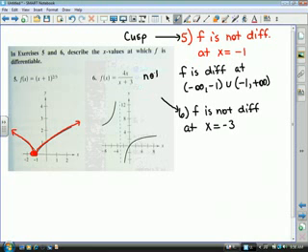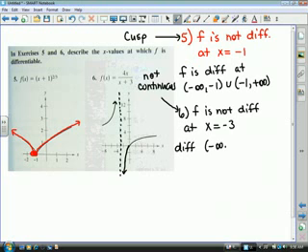In other words, it's not continuous, right? If it's not continuous, it's not differentiable. Clearly, with the vertical asymptote, it's not continuous there. So it is differentiable everywhere else: from negative infinity to negative 3, and negative 3 to infinity.